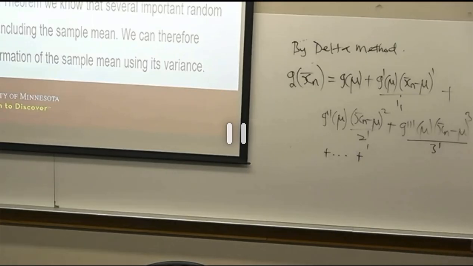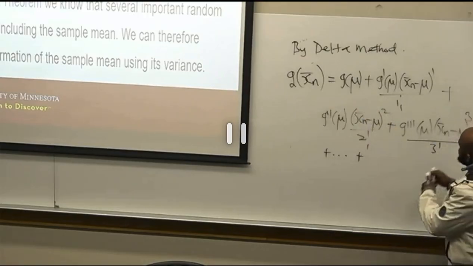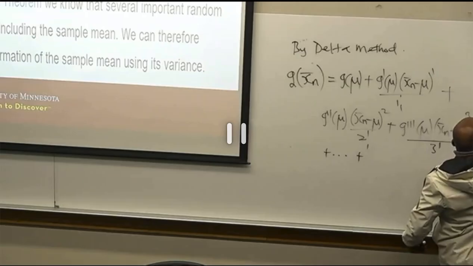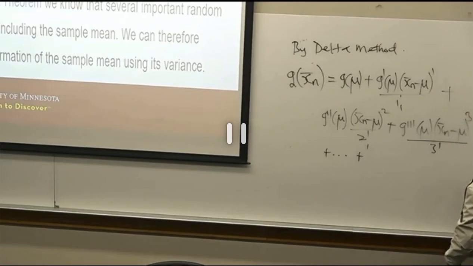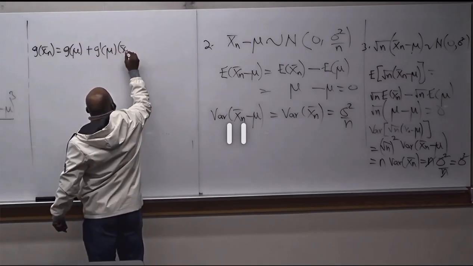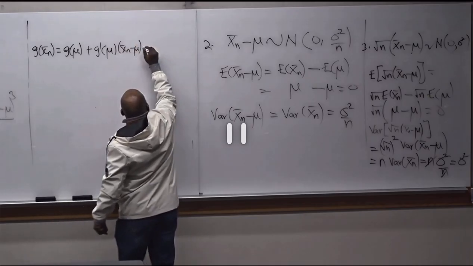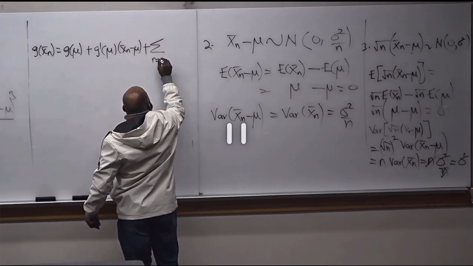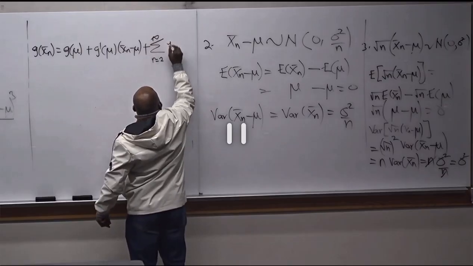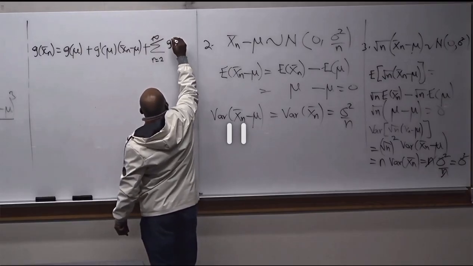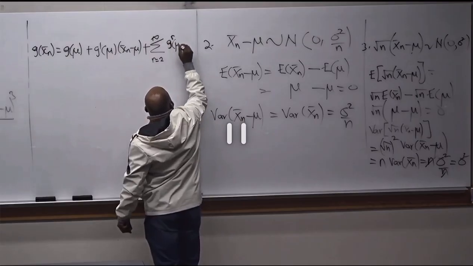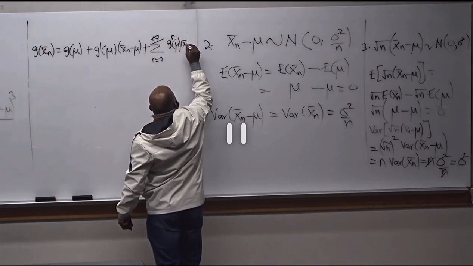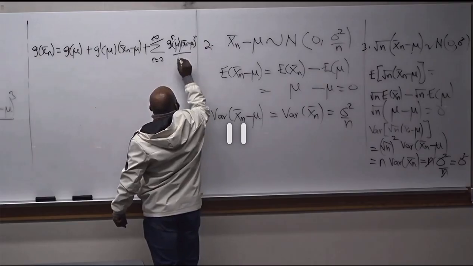If I want to rewrite this, I'm going to have g of this equal g of mu plus g prime of mu times x bar minus mu, plus the sum from r equals 2 to infinity of g^(r) of mu times x bar minus mu raised to power r divided by r factorial.